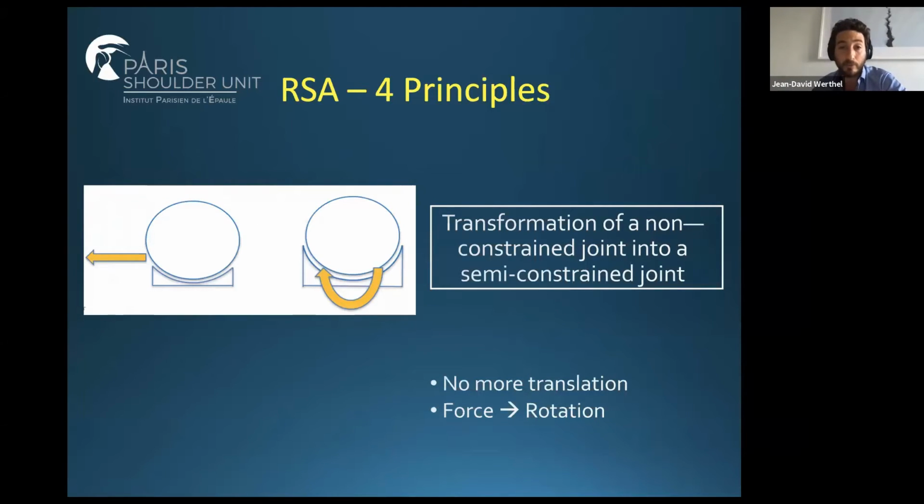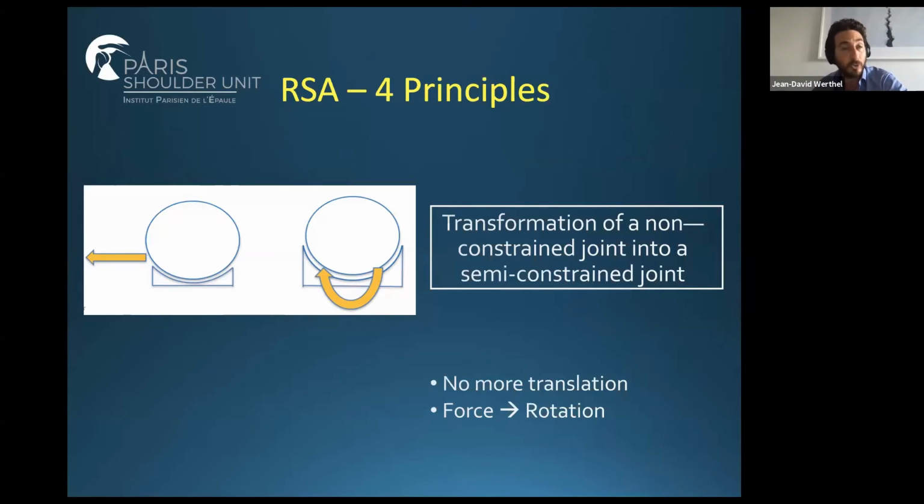Another very important principle: you have seen the lady who had the severe cuff tear arthropathy, but with perfect range of motion. This lady had perfect range of motion despite no cuff, because she had transformed her joint from a non-constrained joint to a semi-constrained joint. And so this is what Grammont thought.